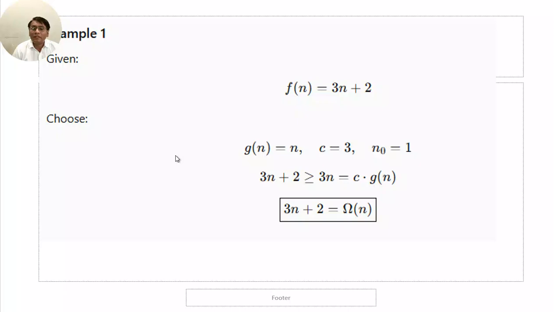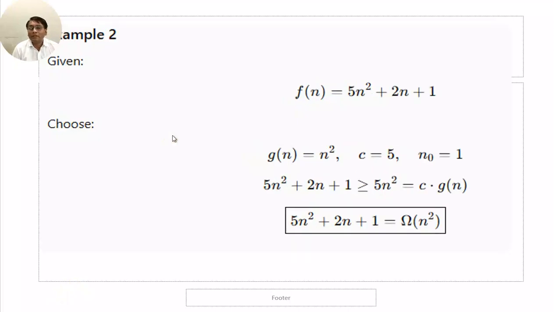So put these values in the equation: 3n plus 2 is greater than or equal to 3n for all n greater than or equal to 1. This condition is always true. So this satisfies the big omega condition, where f(n) is greater than or equal to c times g(n). Here c is 3 and g(n) equals n.